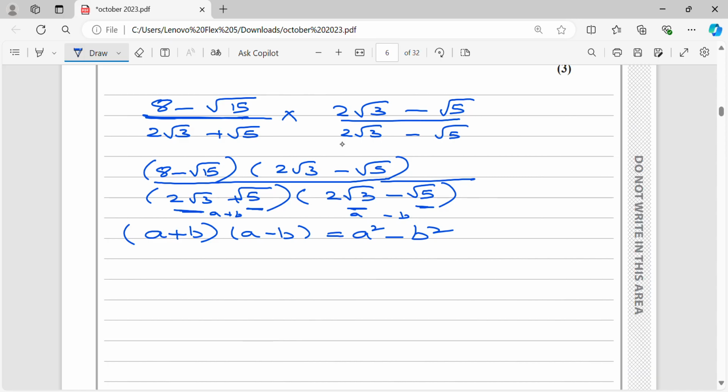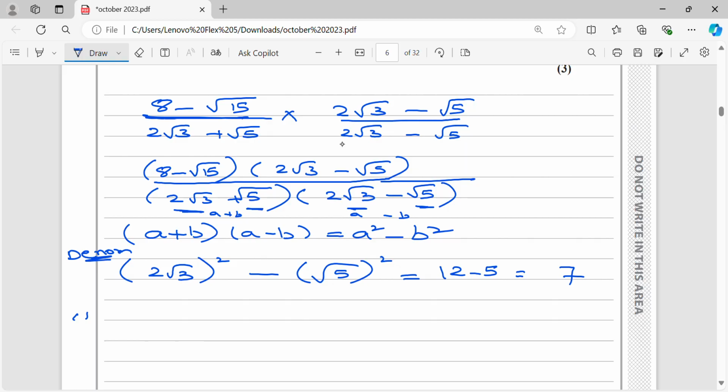If I solve the denominator, that is 2 root 3 whole squared minus root 5 whole squared. This is for the denominator. So 2 root 3 squared is 4 times 3, which is 12, and minus 5. So 12 minus 5 is 7. So this is the denominator. Now let's multiply the numerator.